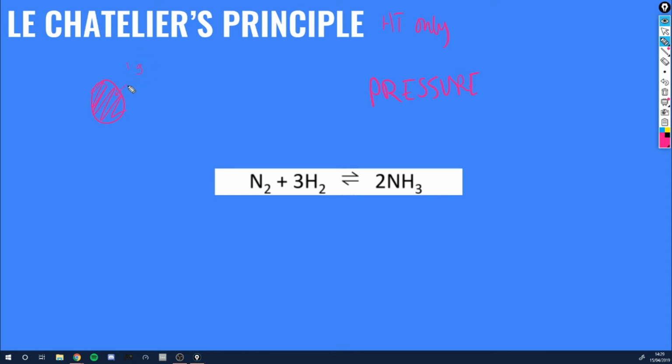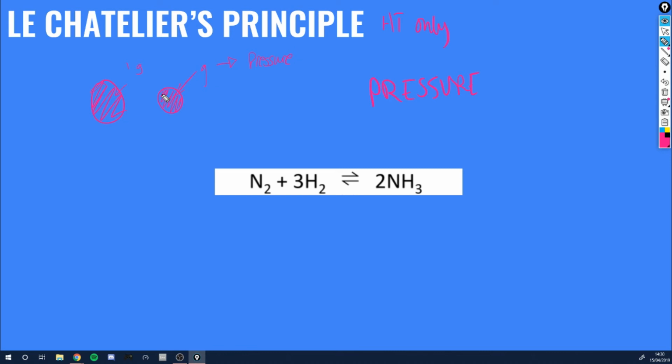If you put the same mass of gas in a smaller area, the pressure will be higher, because the same amount of gas is contained in a smaller space, so the particles are going to hit the walls more, and that will cause more force on the ball.